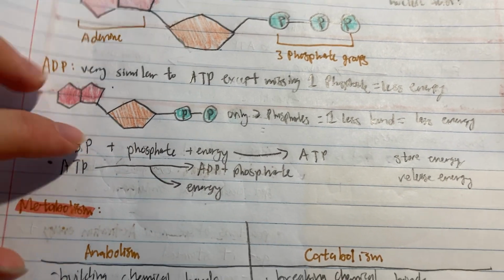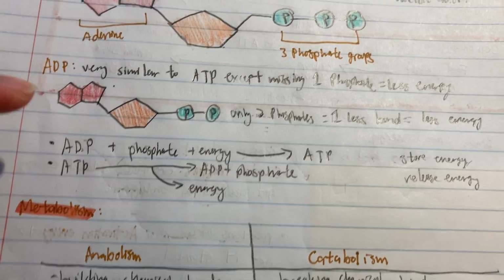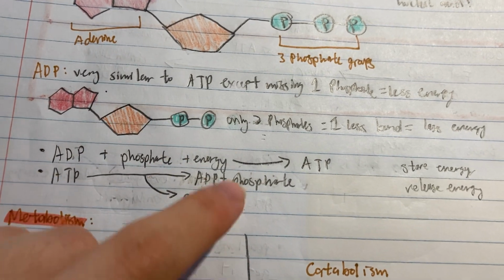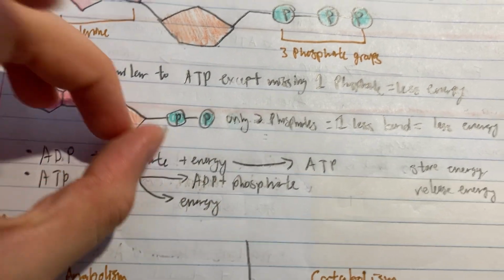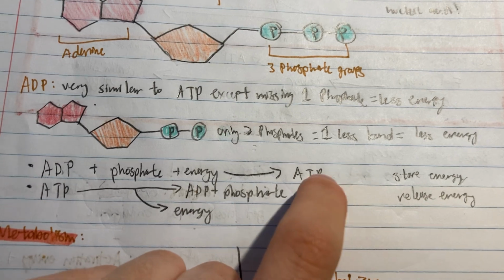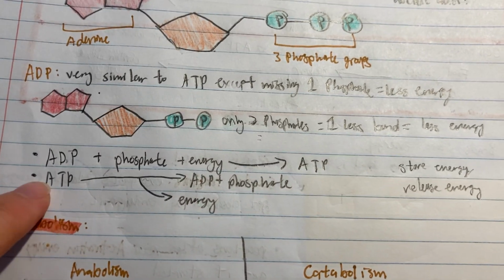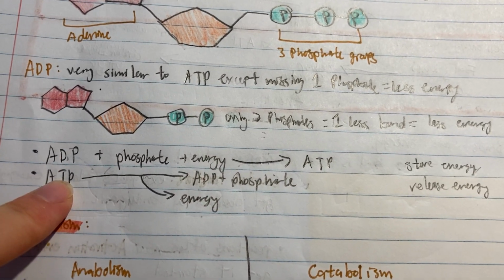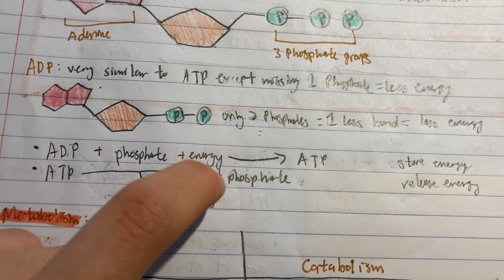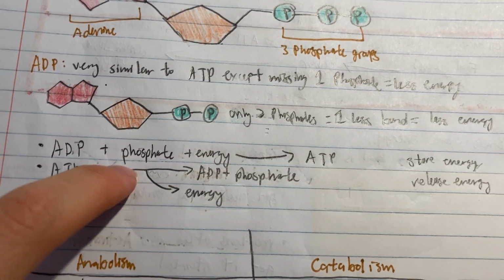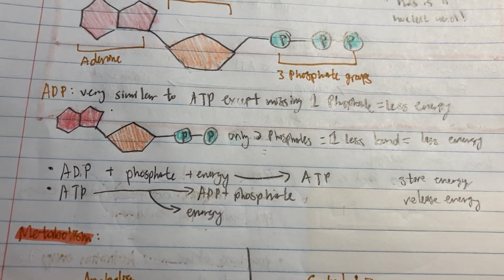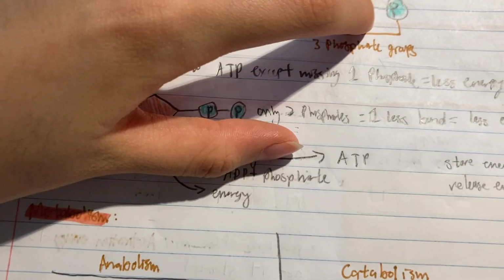So when you have ADP and you add the phosphate, you also have to add energy in order to bond these together. And then you get ATP. And then for ATP, you can break that up into ADP plus phosphate, and you release energy while doing so. Because you store energy in this bond, remember?